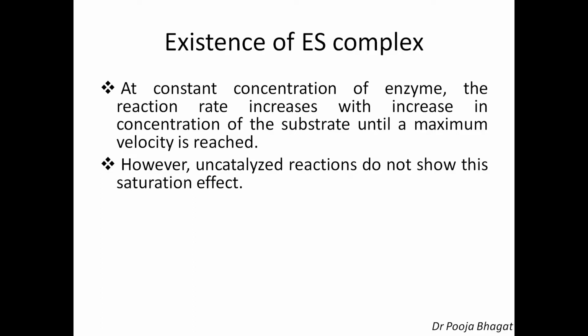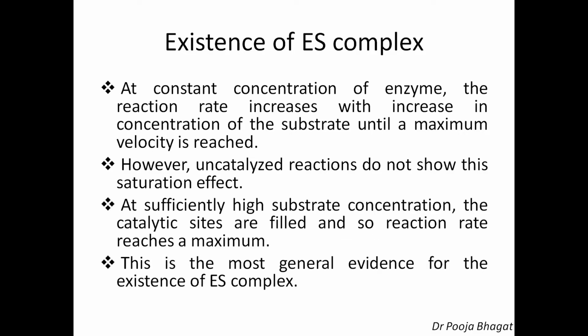How? At constant concentration of enzyme, the rate of reaction increases with increase in concentration of the substrate until a maximum velocity is reached. However, uncatalyzed reactions, that means the reactions taking place in absence of enzyme, do not show this saturation effect. That means in that case, rate of reaction keeps increasing as the concentration of the substrate increases.